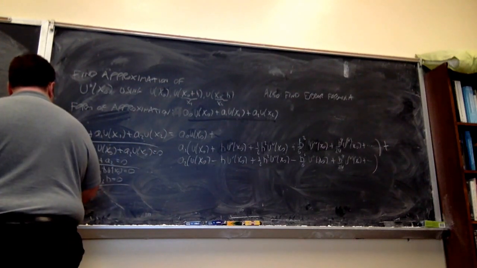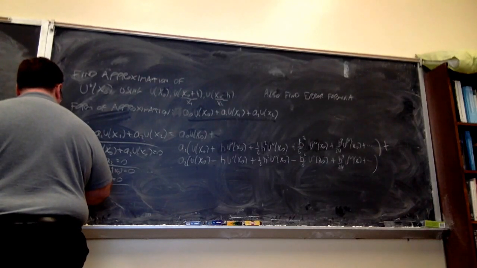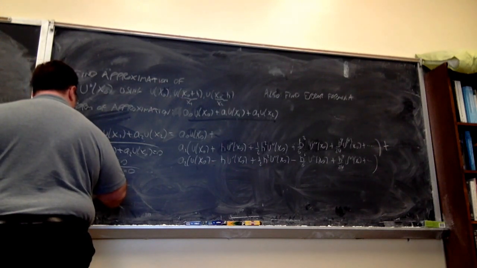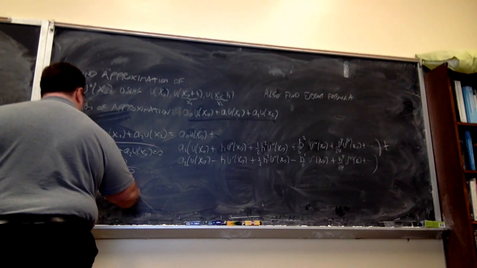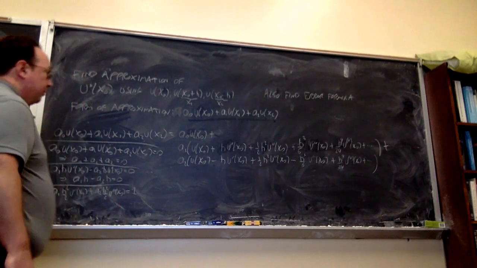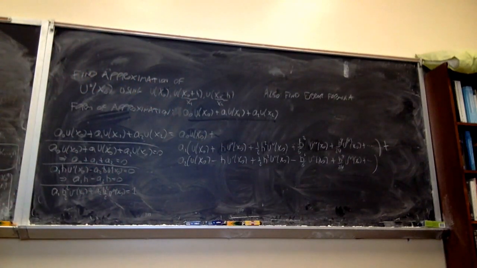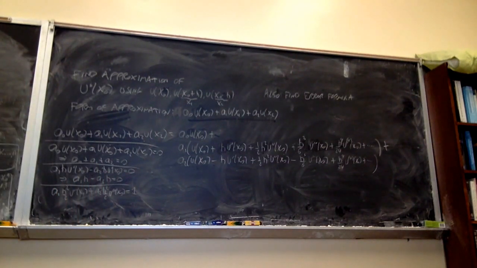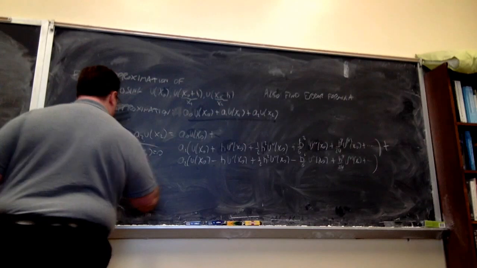I have a1 h squared over 2 u double prime of x naught plus a2 h squared over 2 u double prime of x naught is equal to 1 times u double prime of x naught, because I want them all combined to get me just plain old u double prime of x naught plus our other stuff.